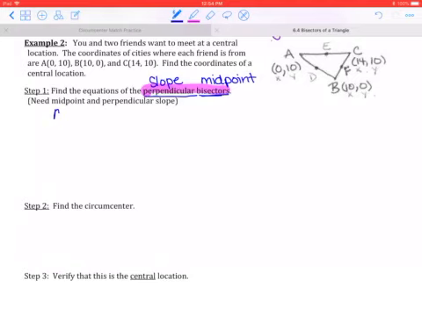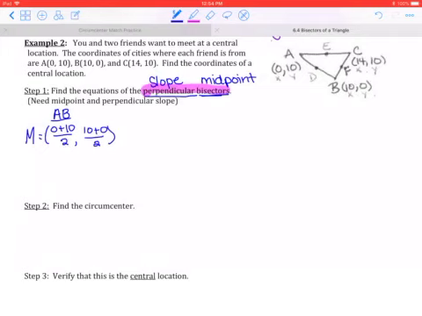So first, if we're working with side AB, I'm going to need both the midpoint and the perpendicular slope to write the equation of the perpendicular bisector. So for AB, first finding the midpoint, that formula says to add together the x values and divide by 2, and do the same thing to the y values.